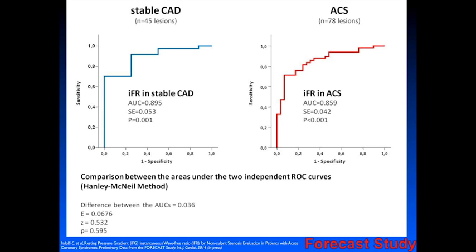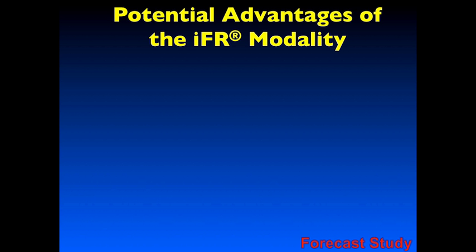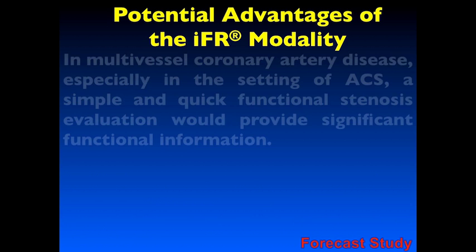The same data were obtained in patients with stable CAD in the left panel compared with the iFR calculated in patients with acute coronary syndrome. In this slide, you can see the potential advantages of iFR.